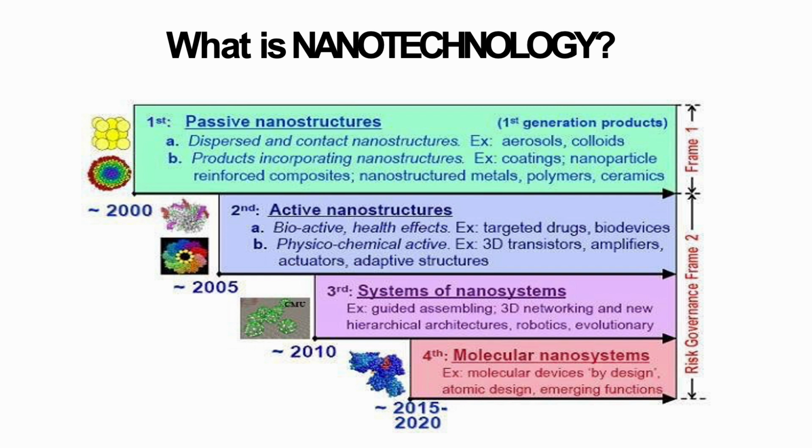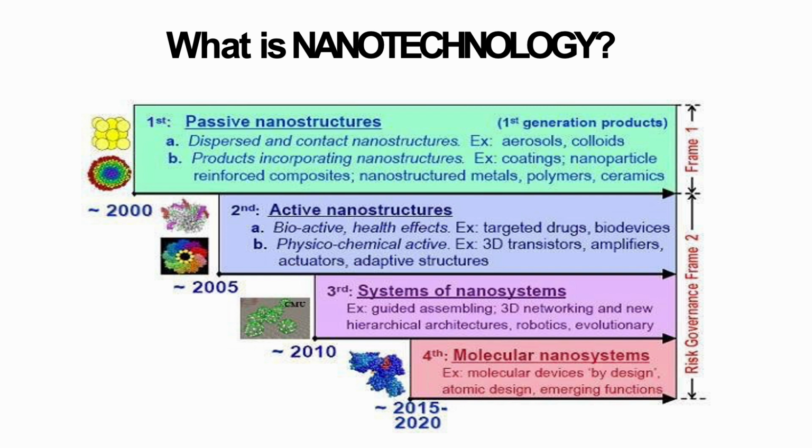Now, when we are talking about the second, I would say, level of evolution in nanotechnology, we are now in years between 2000 and 2005, where we are talking about active nanostructures. So we use them, of course. Here we talk about bioactive and health effects. For example, we have targeted drugs and we have biodevices.